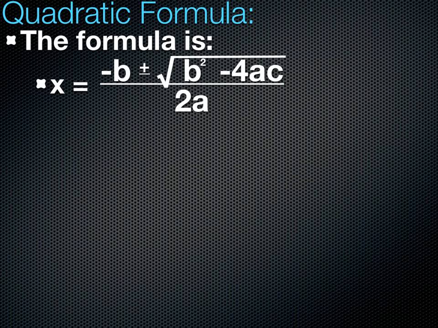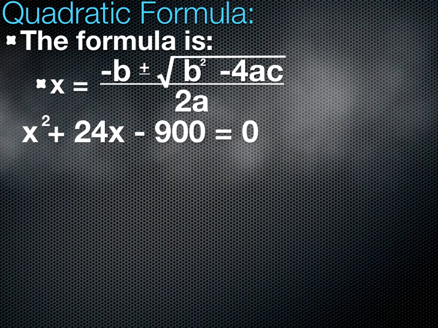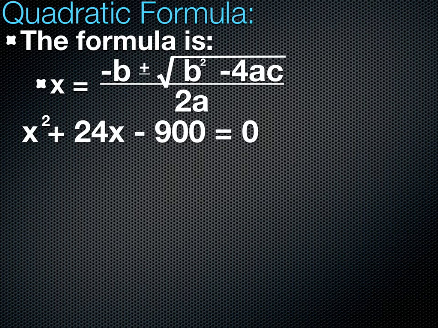So going back to solve for x, I have the equation x squared plus 24x minus 900 equals 0. Now to find a, b, and c to plug in, I use my equation. There's an understood 1 in front of x squared, and that becomes my a. 24 is what I will plug in for b, and negative 900 is what I will plug in for c.